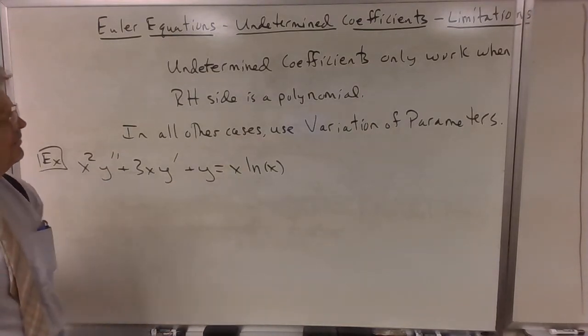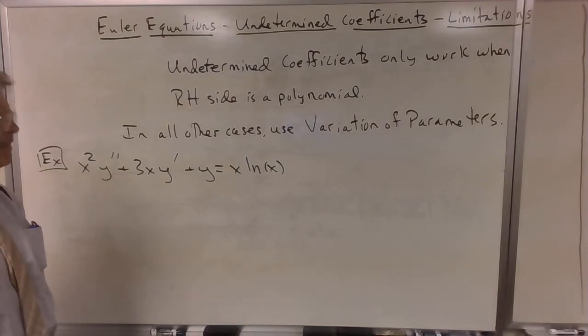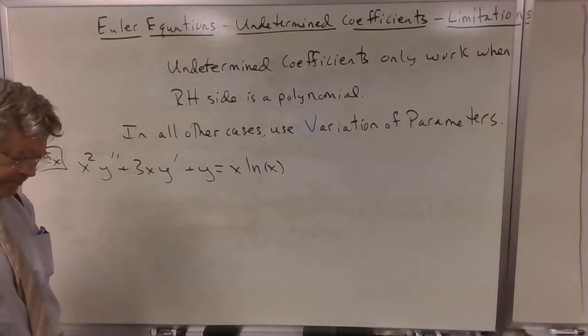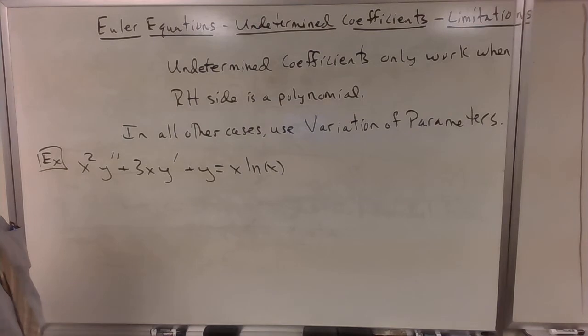The right-hand side is not a polynomial. So it looks like we have to use variation of parameters.